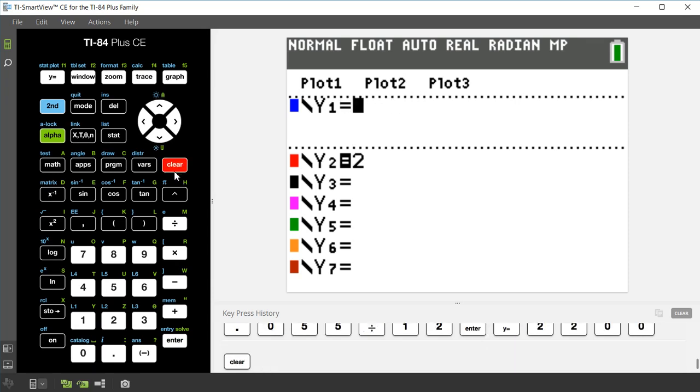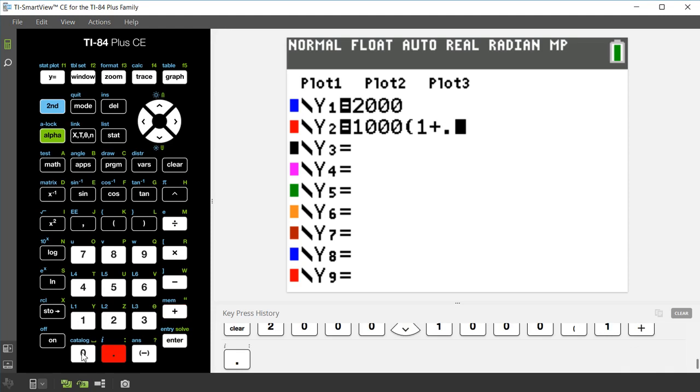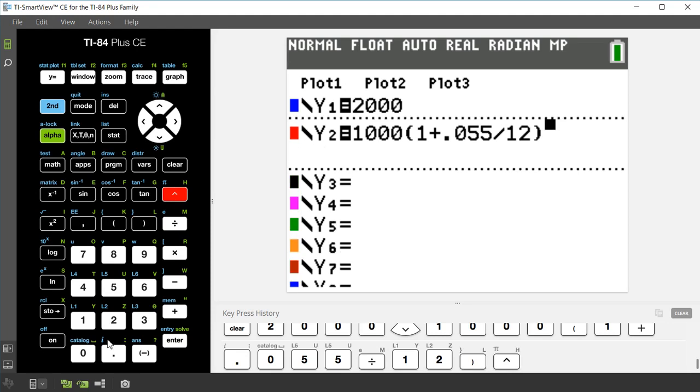So clear 2000, and then we have 1000, and then that's going to be 1 plus 0.055 divided by 12, and this is raised to the 12t, but here we're using x, right?